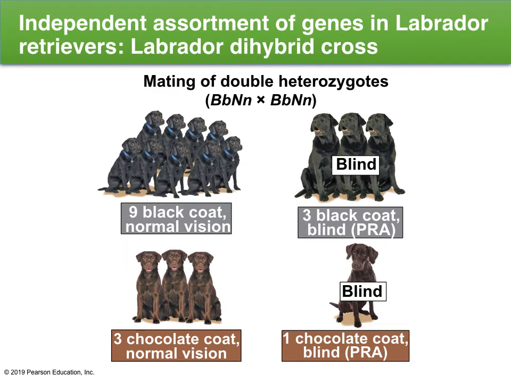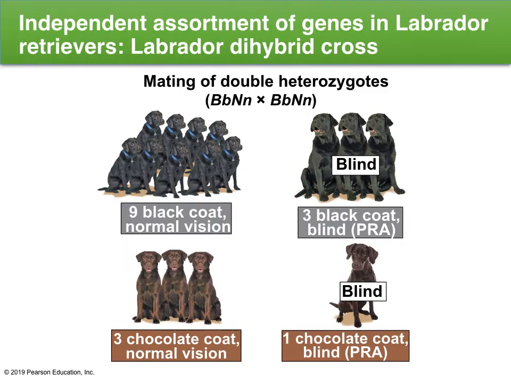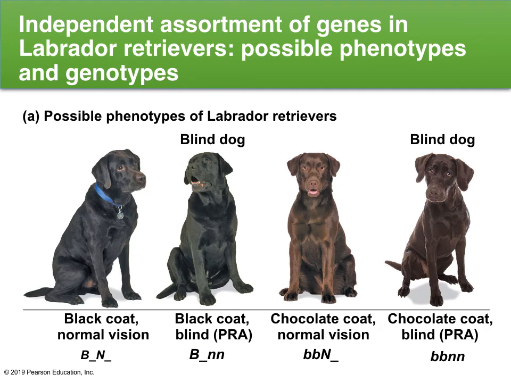Well, what you do is you say, okay, we're going to cross this individual with the dominant phenotype but unknown genotype with a homozygous recessive individual. Because if you have a homozygous recessive individual like that dog here, you know its exact genotype, right?